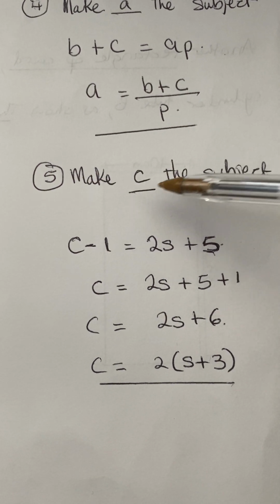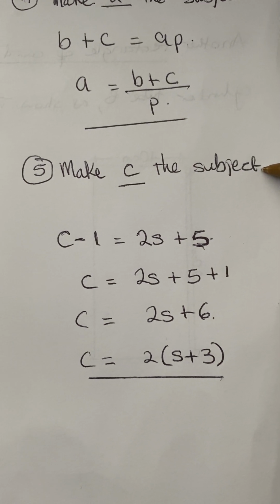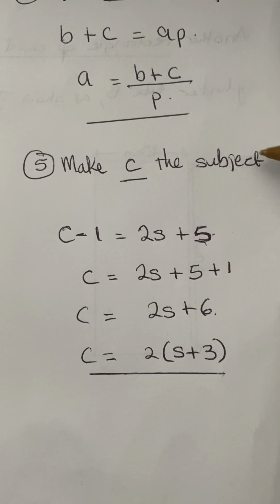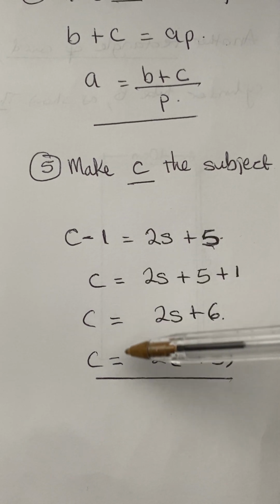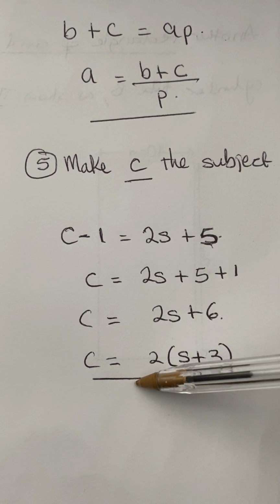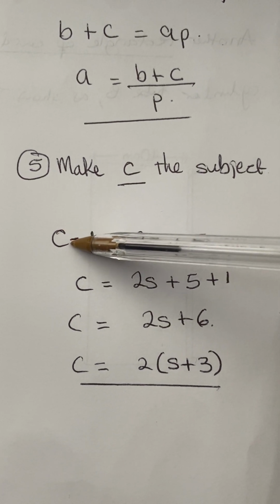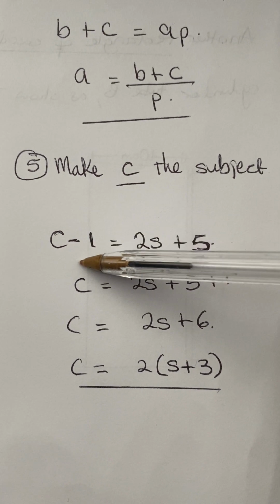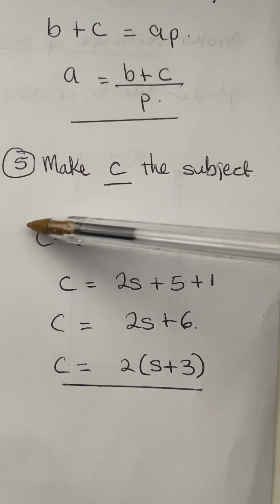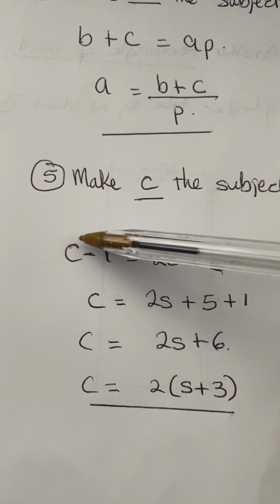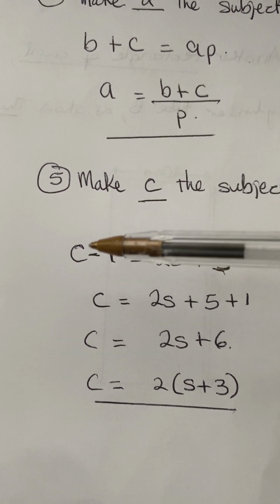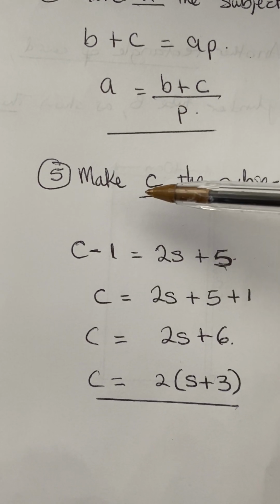Make c the subject. Okay, so our answer should be c equals to something, but there's a -1 attached to our c. If we take -1, so it's not always multiplying, it can add, it can divide, it can subtract.